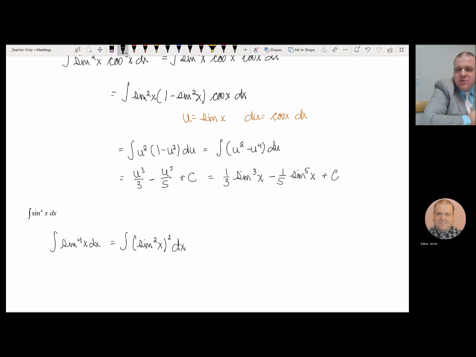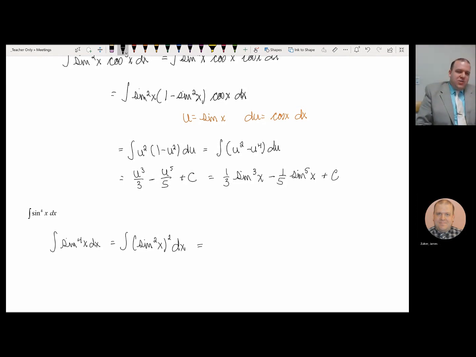Isn't sine to the fourth sine squared squared? Well, again, you could say, okay, sine squared, 1 minus cosine squared. But then that would leave your problem of when you expand that out, you're going to have a cosine squared and a cosine to the fourth. Which kind of defeats the purpose.